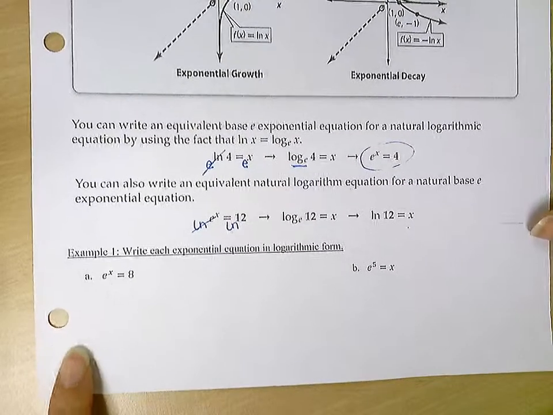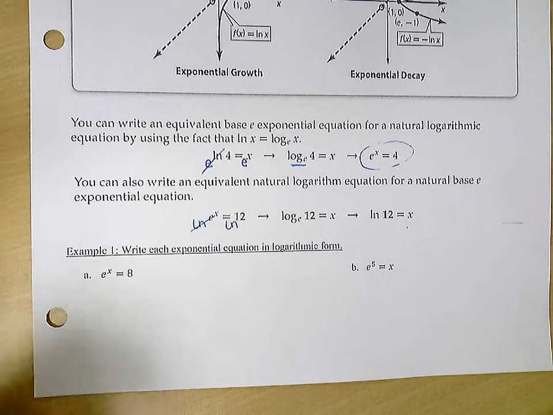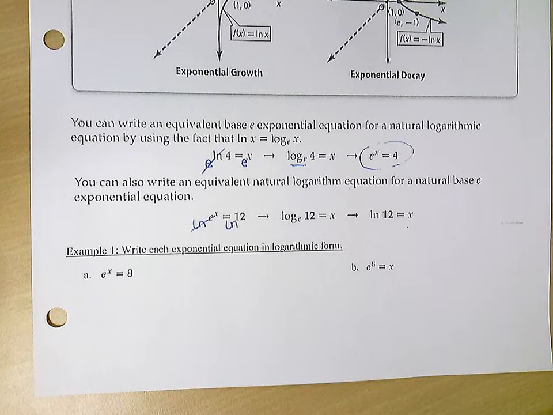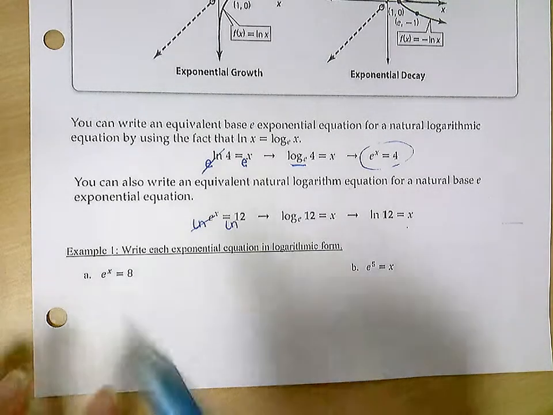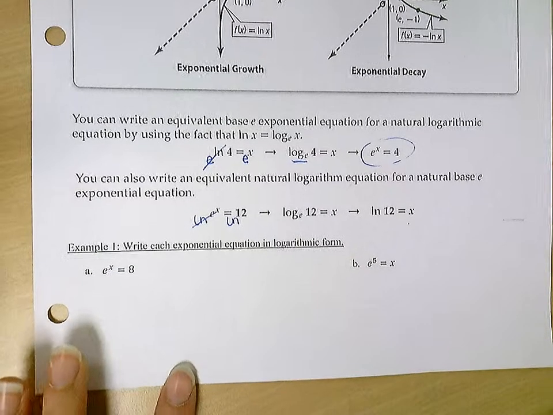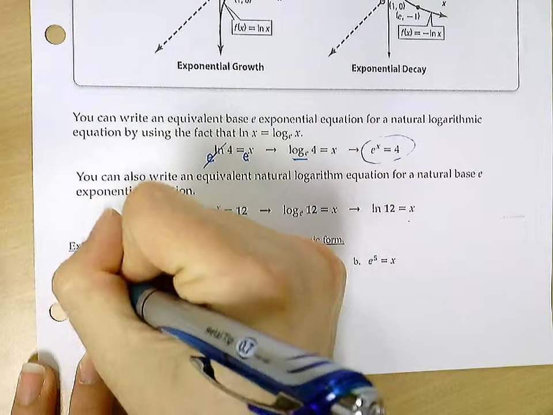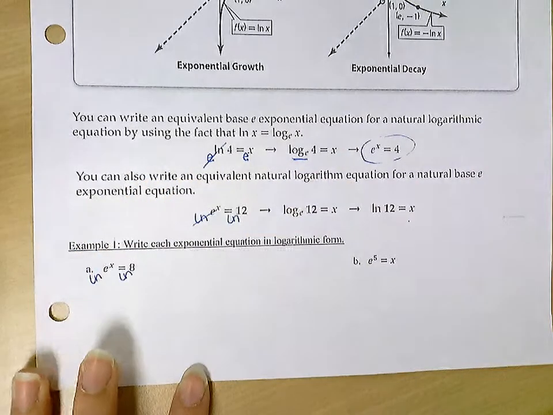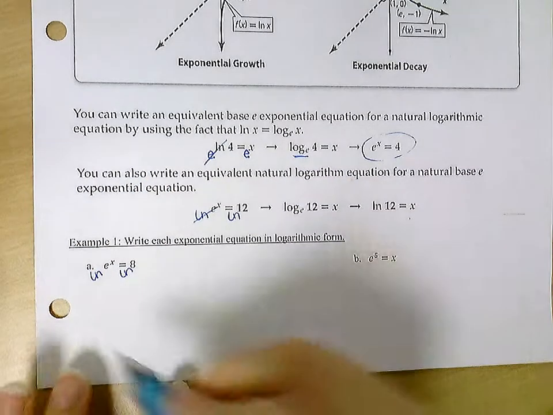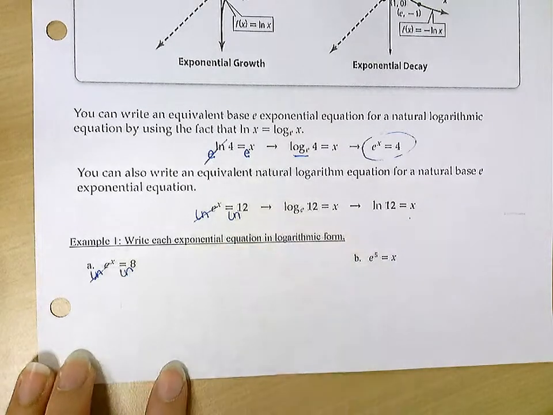So in our first example here for a and b, we want to write each exponential equation in logarithmic form. Since I have e to the x equals 8, we need to do that inverse. So we want to bring in a natural log to both sides. So that's ln, and that cancels out with your e.